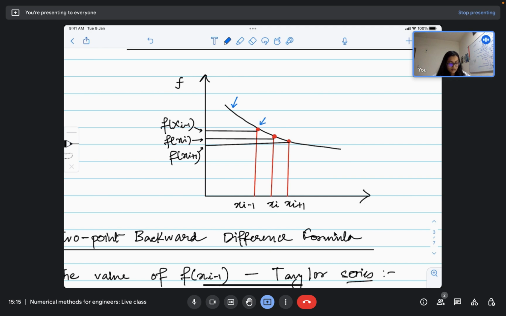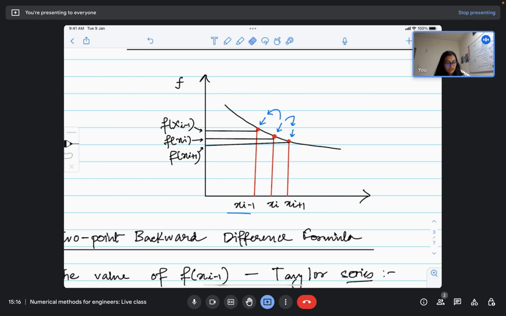One is, let's start with xi, which is the point at which we are interested to find the numerical differentiation. And a point just before xi that we have labeled as xi minus 1, and a point after xi which we have labeled as xi plus 1. Okay. So as we saw in the algorithm, we are interested in finding the numerical differentiation at the point xi with the help of its neighboring points, right?